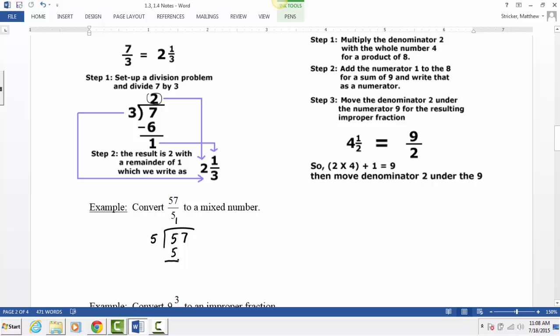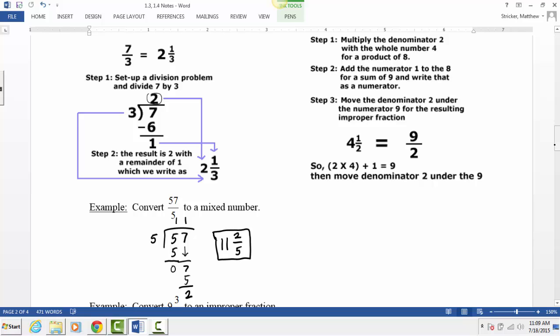If I subtract that, I get 0, but then I bring down the 7. 5 goes into 7 one time. 1 times 5 is 5, with a remainder of 2. So our whole number part, up here on top, is the 11, and the remainder is 2 out of 5. So 57 over 5 is the same as 11 2/5.